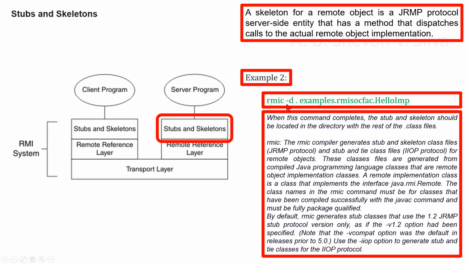By default, RMIC generates stub classes that use the 1.2 JRMP stub protocol version only, as if the -v1.2 option had been specified. Note that the -vcompat option was the default in releases prior to 5.0. Use the -iiop option to generate stub and tie classes for the IIOP protocol.